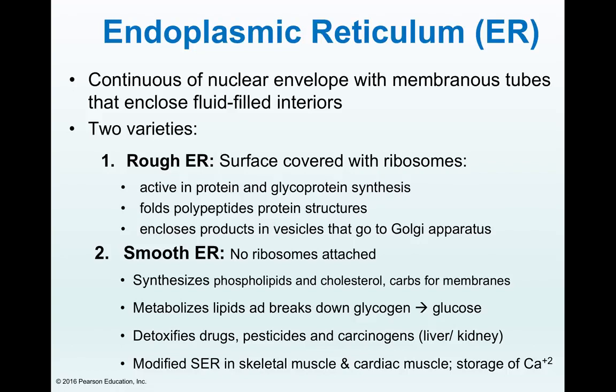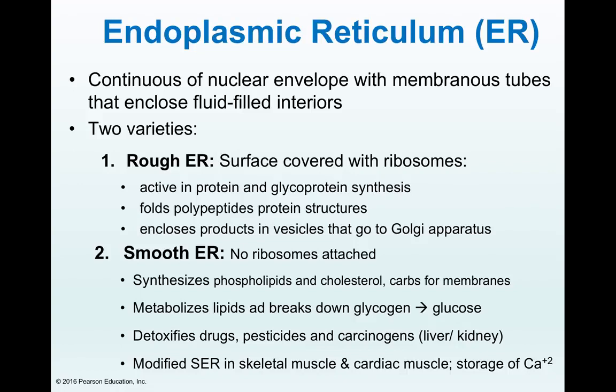Now, if we have endoplasmic reticulum but there are no ribosomes attached to its surface, we refer to that as smooth ER. The lack of ribosomes creates a smooth surface. The functions associated with the smooth ER include synthesizing phospholipid bilayer components, such as your phosphate and fatty acid tails, as well as cholesterols and carbohydrates for your plasma membrane.